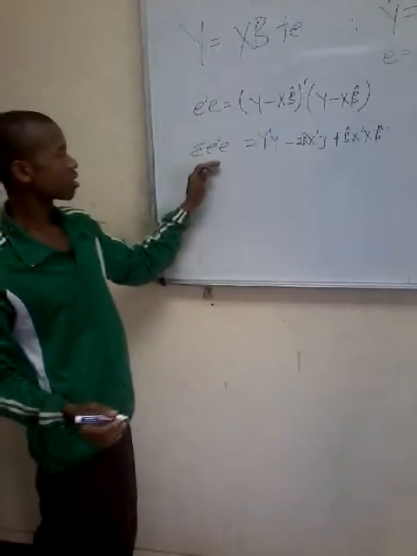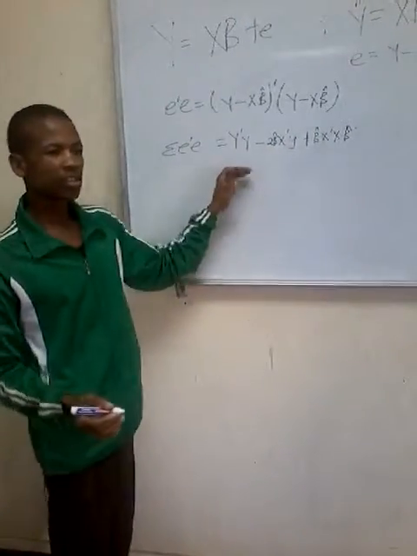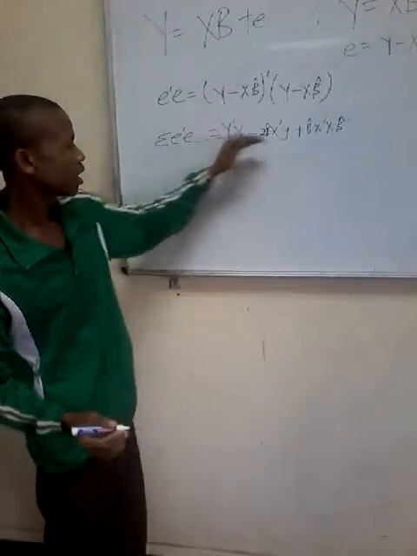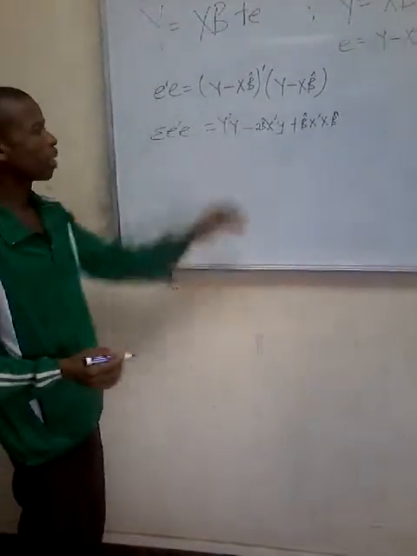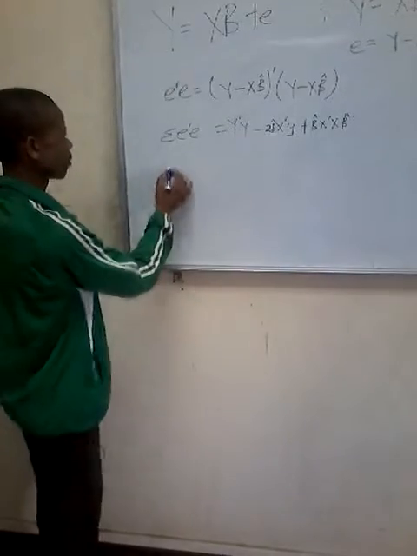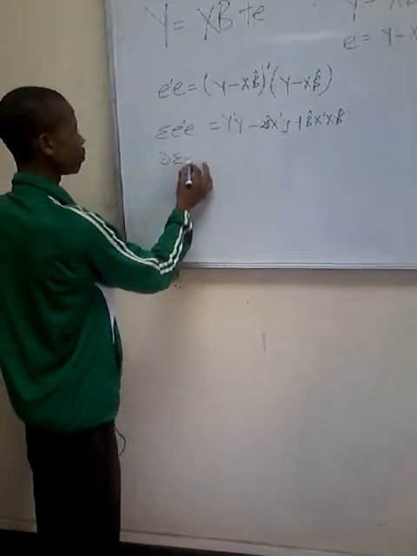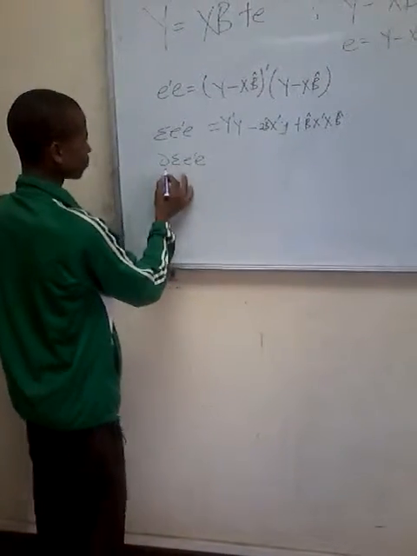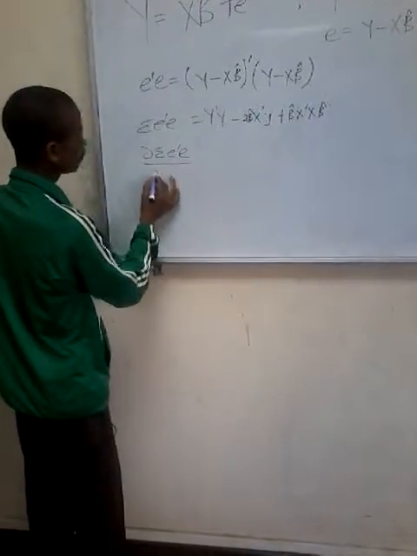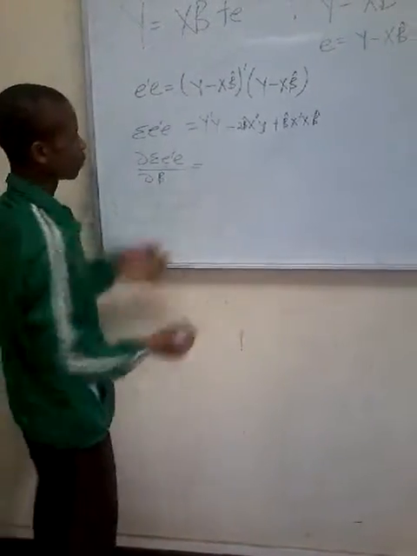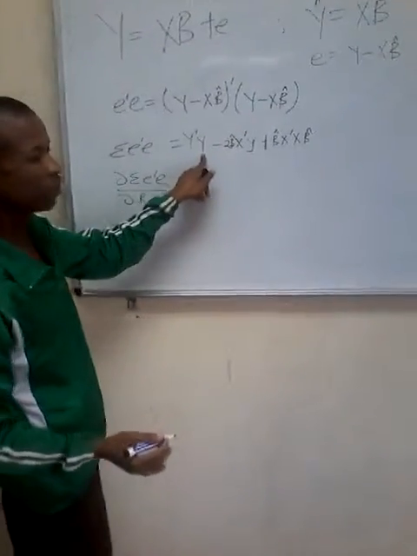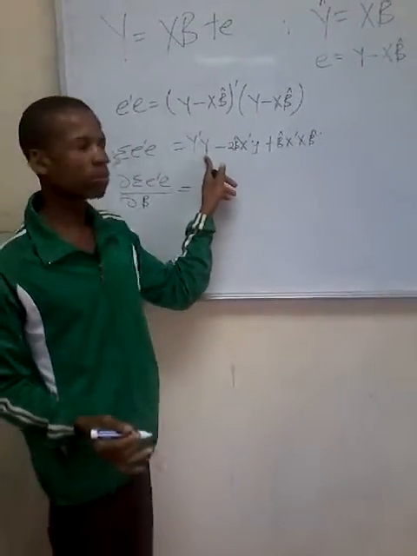Then in this case, we are going to minimize the sum of squared errors by taking the first derivative with respect to our parameter beta. So the first derivative of e transpose e with respect to beta is equal to, well, here the first term has no beta, so it goes to 0.